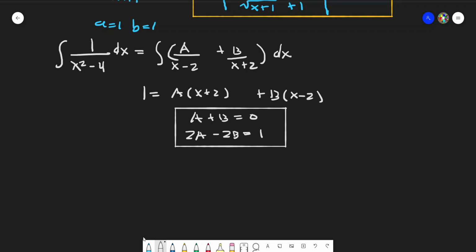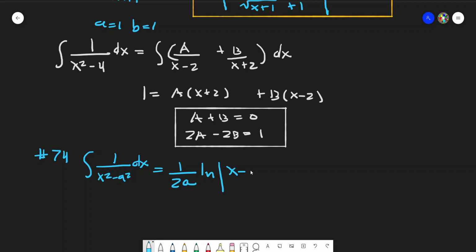Integral 74 says that when you integrate a difference of squares, like 1 over x squared minus a squared dx, it's equal to 1 over 2a times the natural log of the absolute value of x minus a over x plus a, plus c.